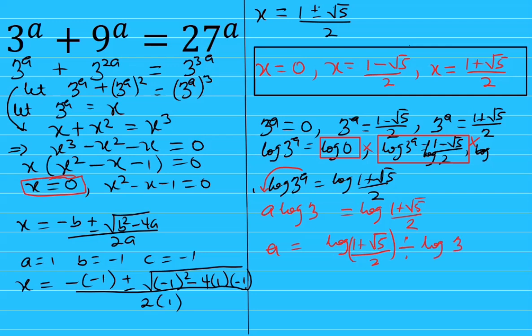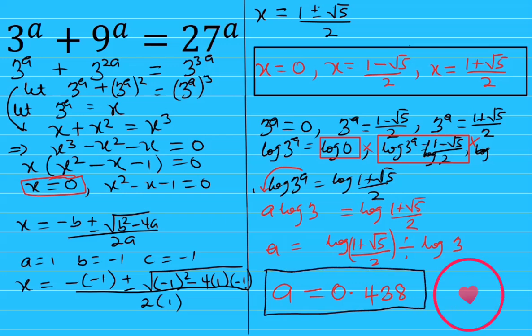When you simplify this, you are going to get 0.438 to 3 decimal places. You're going to have this as your final answer: a is approximately 0.438.